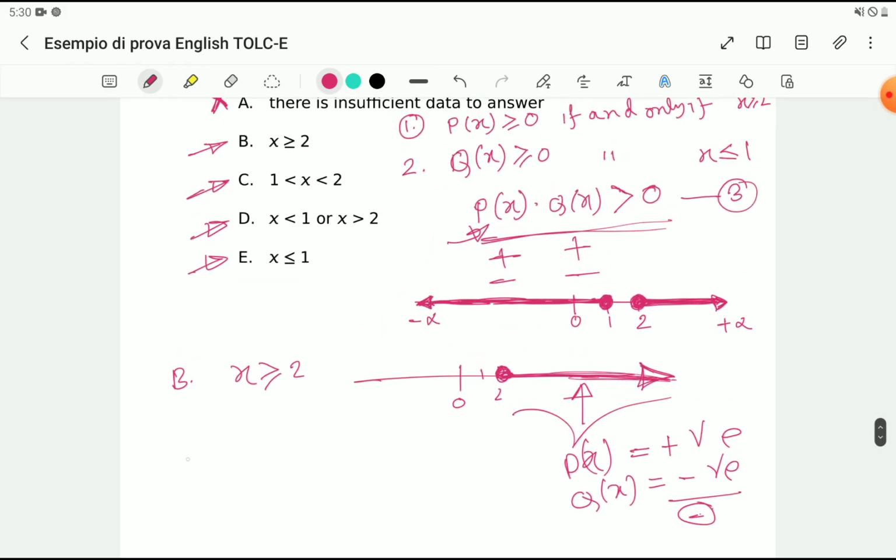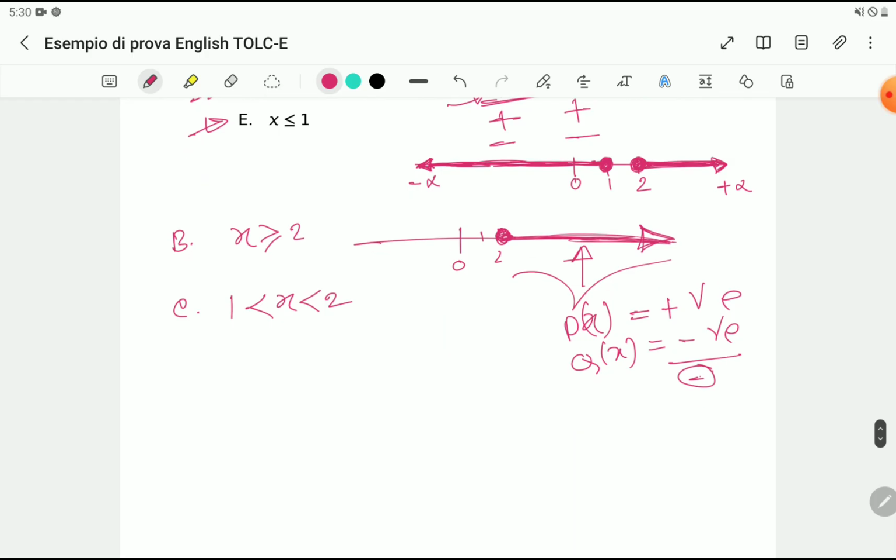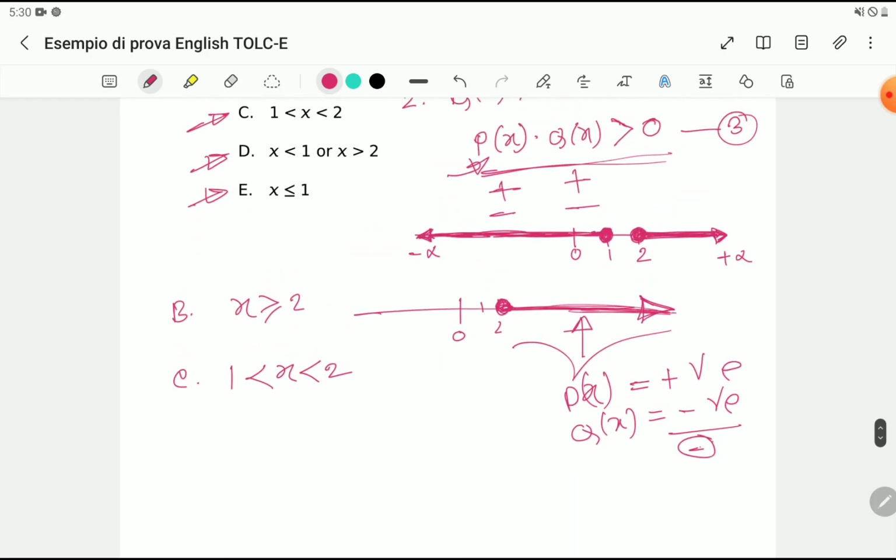Same way, option C, 1 greater than x greater than 2. In this case, we can look at the first one. So the range is, I'm going to highlight it, this one. On the axis 0, 1, 2, this is 1, this is 2. So the x value is greater than 1 and less than 2. That means if we highlight only this part.